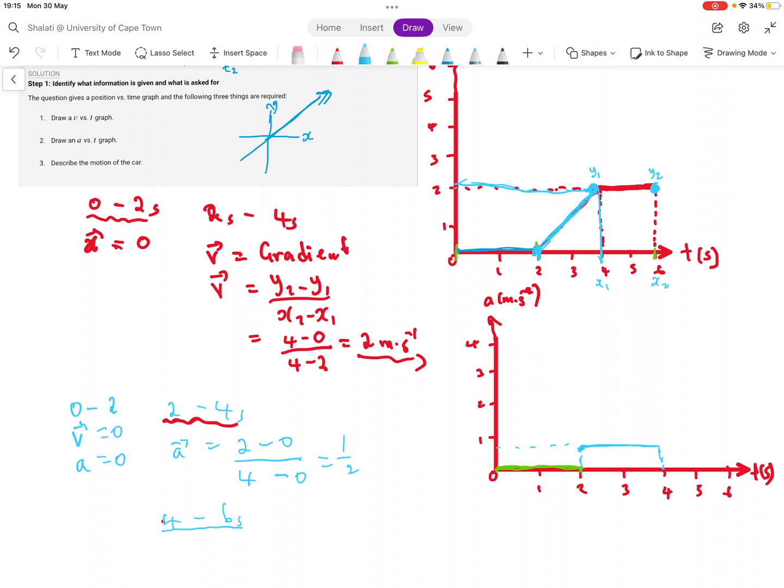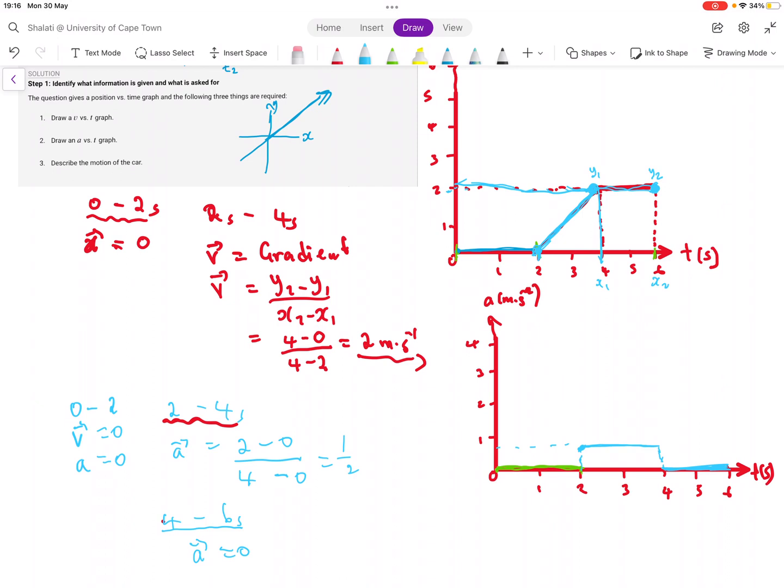So our y2, what is the value? It's 2. Minus y1, what is the value? It's also 2. So that is going to be 0. So 0 divided by any number is going to be 0. So at this point, acceleration is going to be 0 because our slope is constant. The gradient is 0. So if the gradient is 0, acceleration is going to be 0. So it means our line will be from 4 to 6. It's going to be at 0.